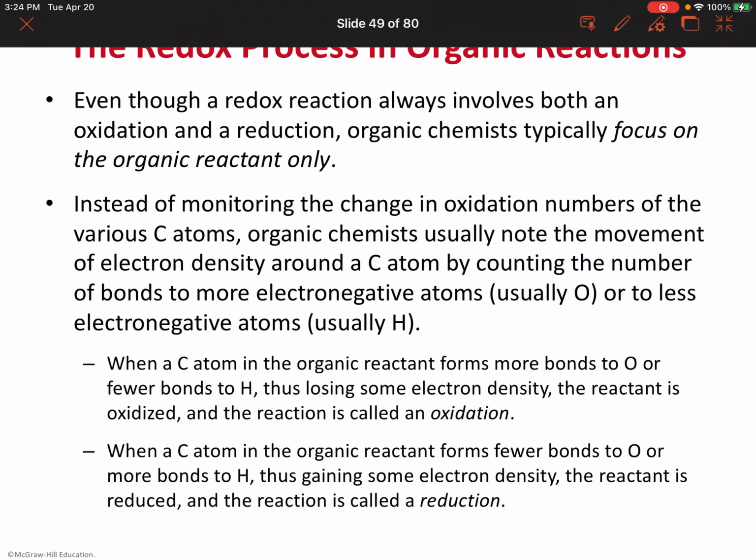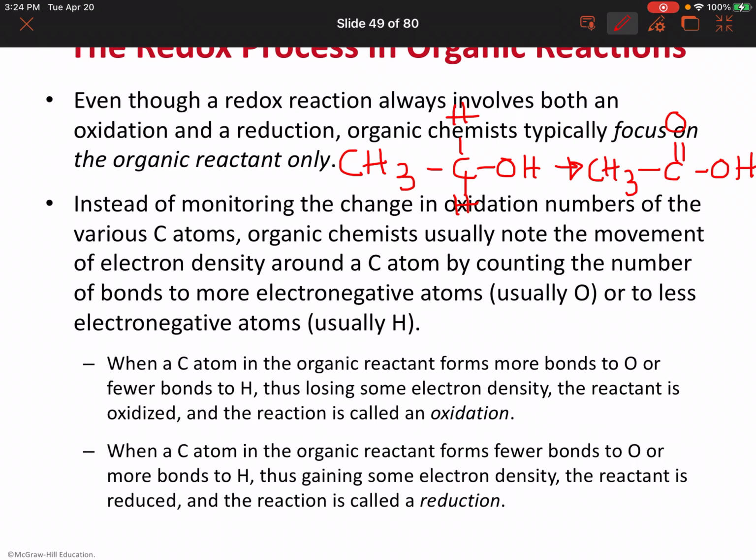Let me draw it again. Let's say you have something like this: CH3, C with a hydrogen here, another hydrogen here, and OH, so there is one oxygen. It becomes CH3, C, where the carbon is double bonded to oxygen, and then OH.